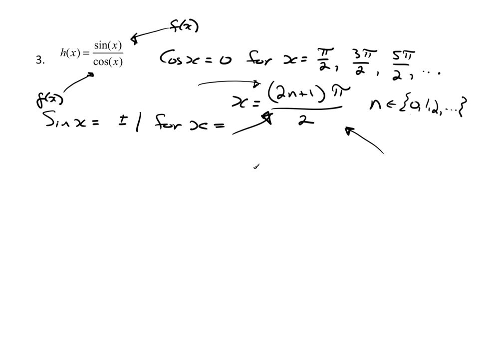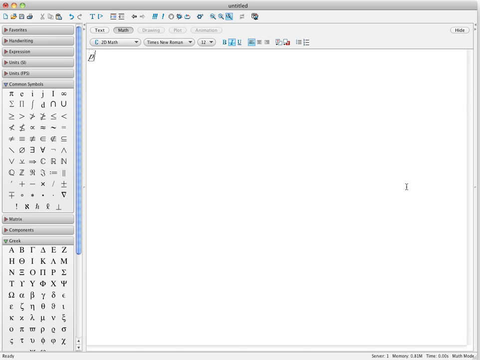So let's go ahead in Maple and create a quick plot. The plot is going to be sine of x divided by cosine of x. And x will go from, let's go from 0 to, how about 4 pi?